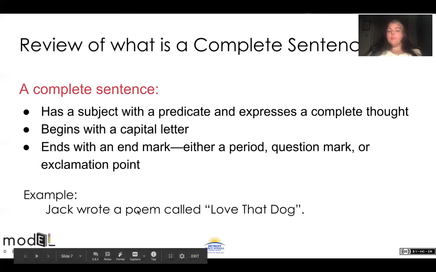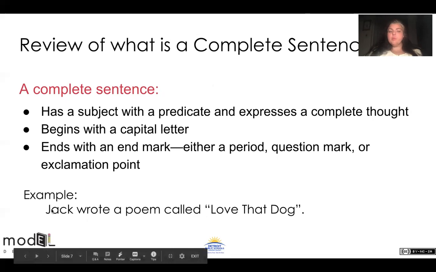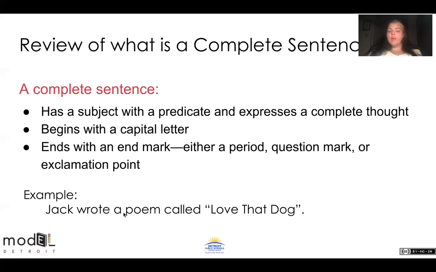Jack wrote a poem called Love That Dog. That does have a subject. Our subject is Jack. It does have a predicate. It is wrote a poem called Love That Dog. So wrote is our verb in our predicate. And let's see, does it have a capital letter?